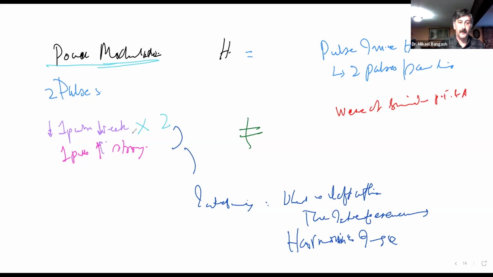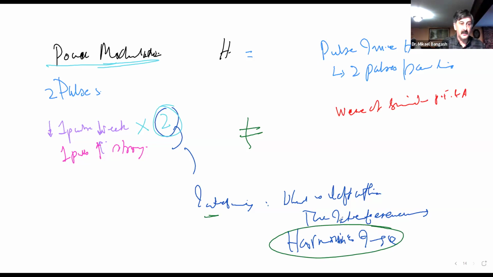So here in power modulation, it means that this weaker pulse here, its power is being modulated, or we can actually say increased. But it's when these two interfere that whatever is left, of frequencies or sound waves of that interference, will produce your harmonic image.